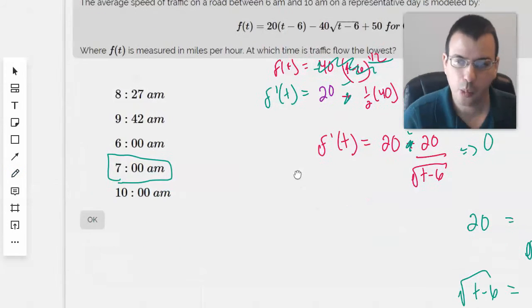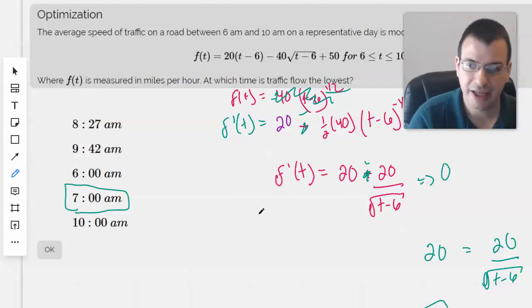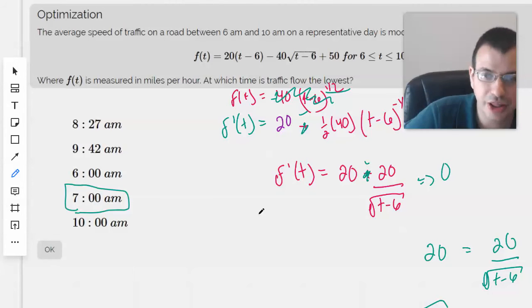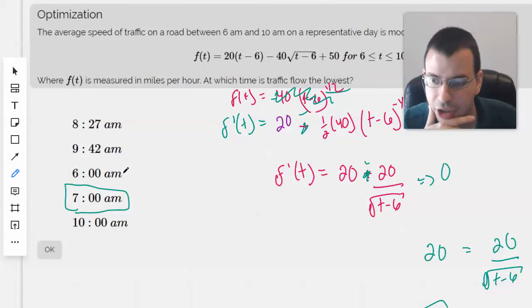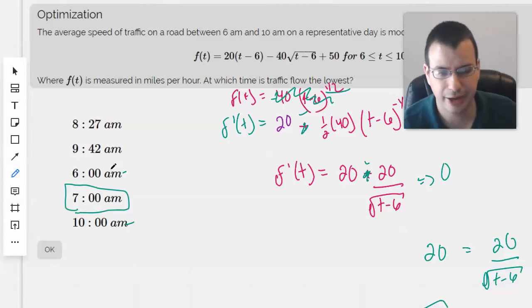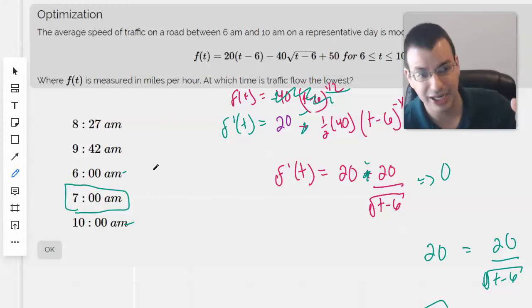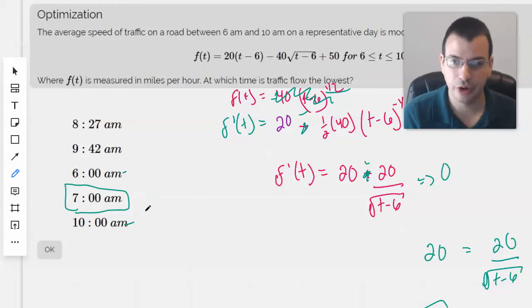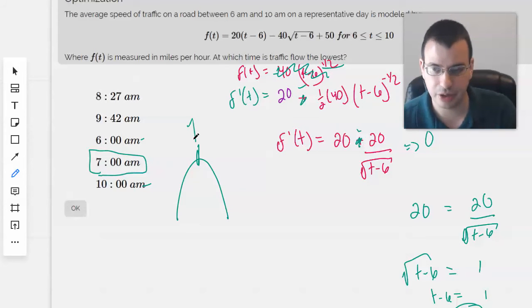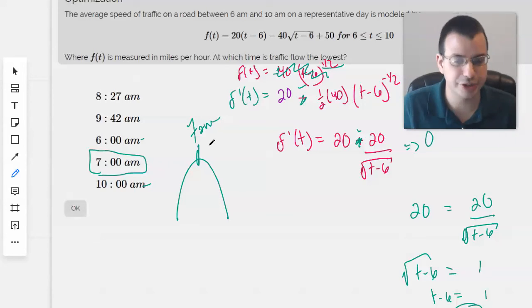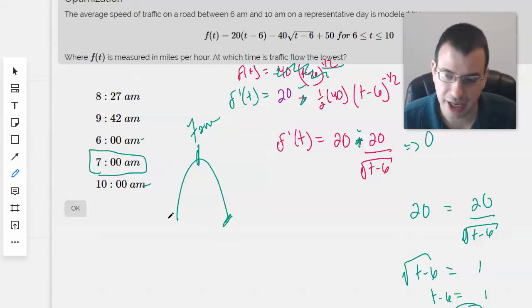Since we know that the beginning and the end are the same, we want to test the endpoints, like 6 a.m. and 10 a.m. But if the traffic flow looked like this, where 7 a.m. is a maximum and not a minimum, because we just found a critical point, then we'd have to look at the endpoints.